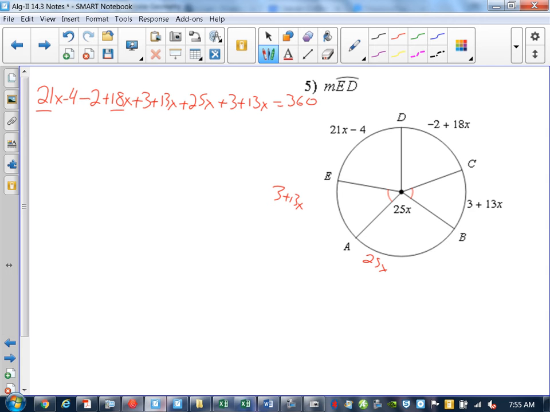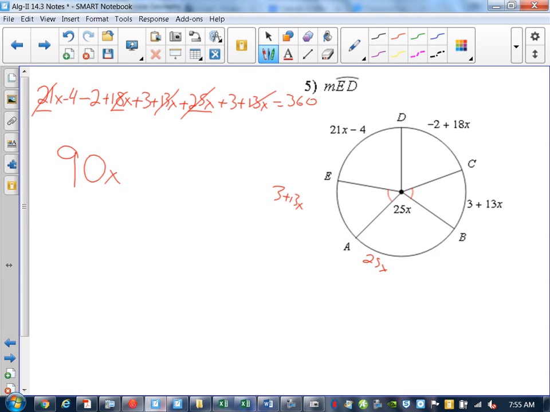21 and 18, that gets me 39. 39 and 13 gets me to 52. 52 and 25 is 77. 77 and 13 then gets me to 90.